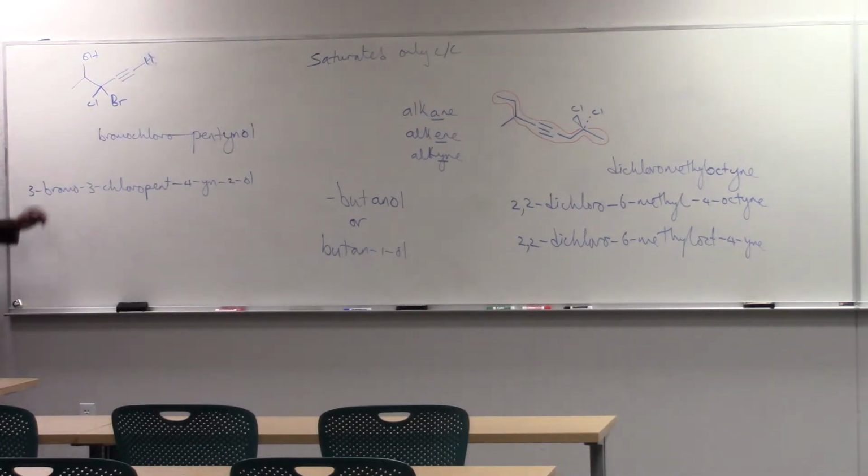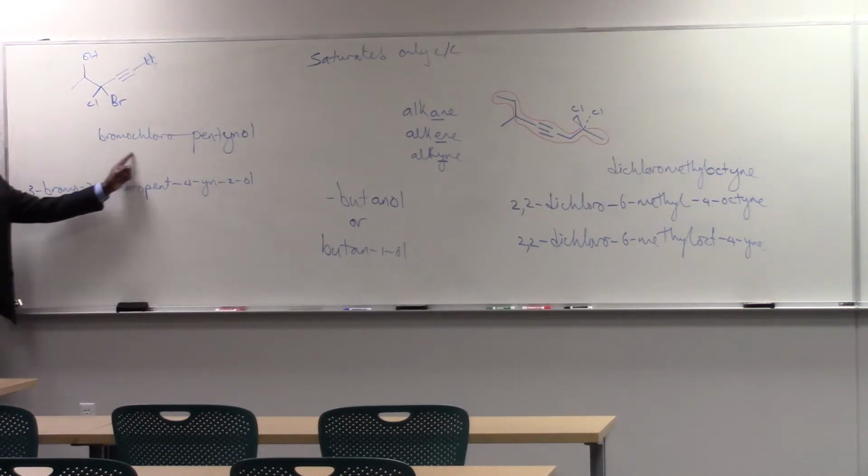So I've got to indicate where everybody is, that the bromine is on carbon 3. Again, I separate the substituent from its locant by a hyphen, and I separate information for a given substituent from information about a different substituent by another hyphen.